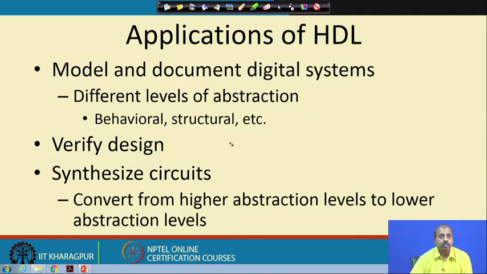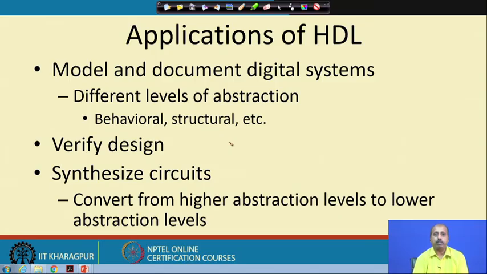The third one, which has become more popular now but was initially not that way, is to synthesize the circuit. We start with a high level description of the circuit, and then from there we convert it into a lower level of abstraction. The high level of abstraction may be some language description of the circuit.